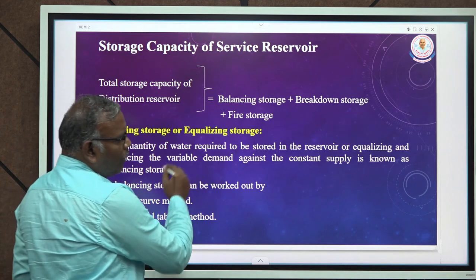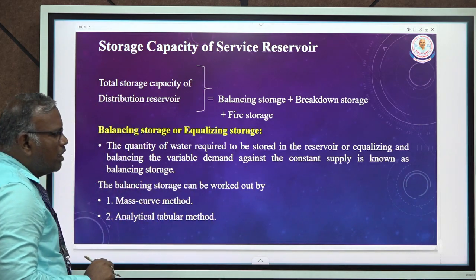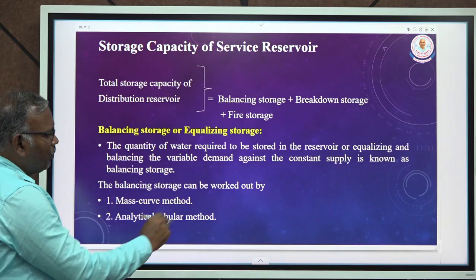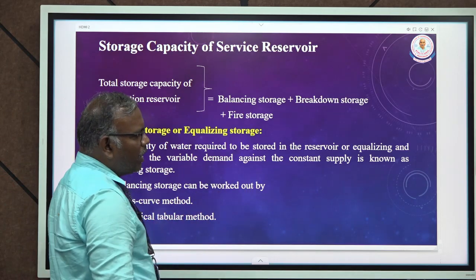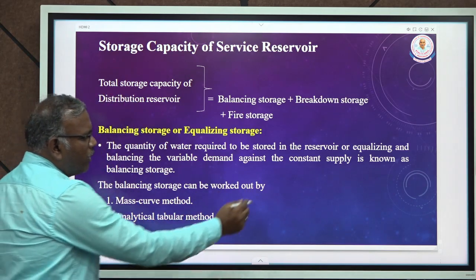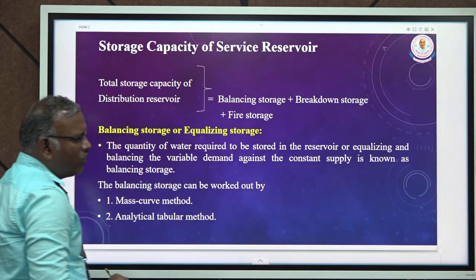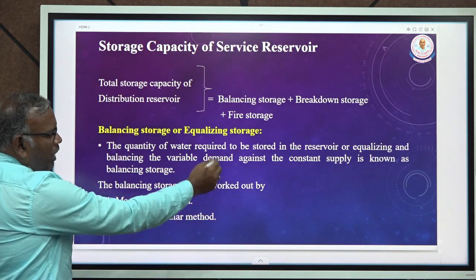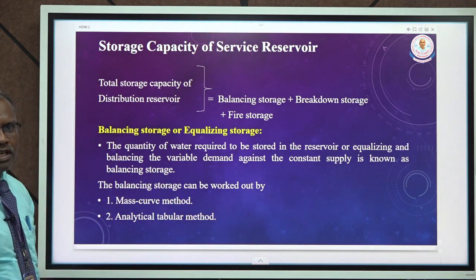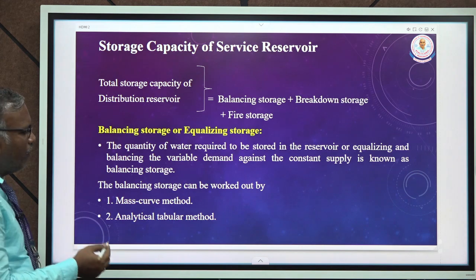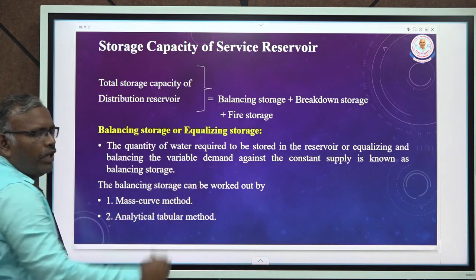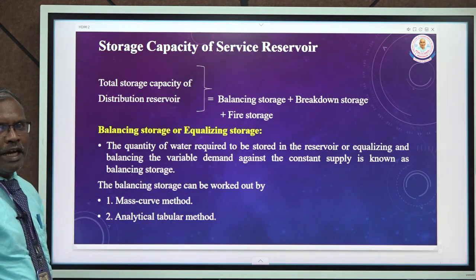Okay, the water required for this can be computed based on the supply and demand values. In case of a constant rate of supply, the demand will be varying based on our requirement; the hourly usage will vary from time to time.